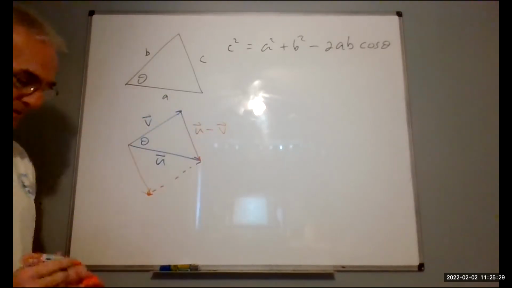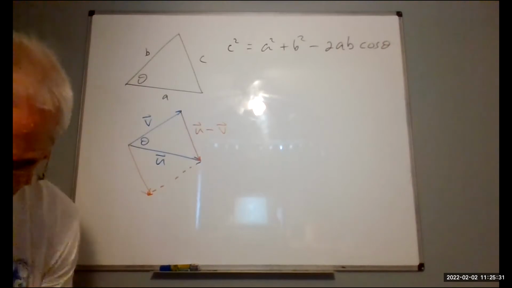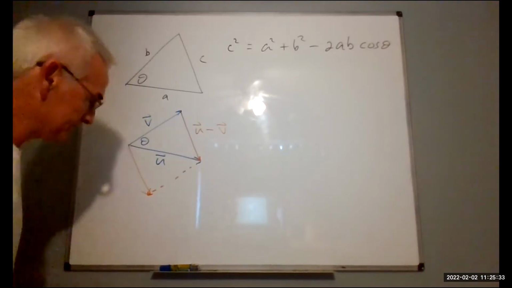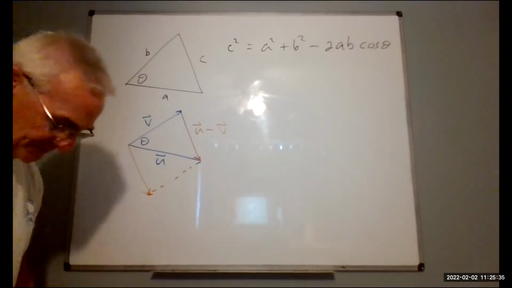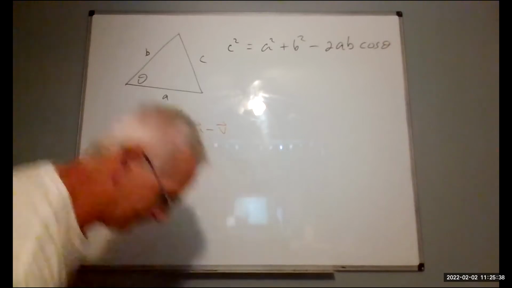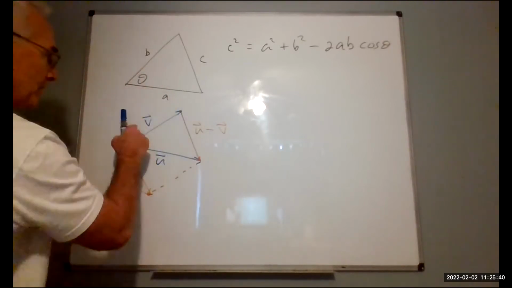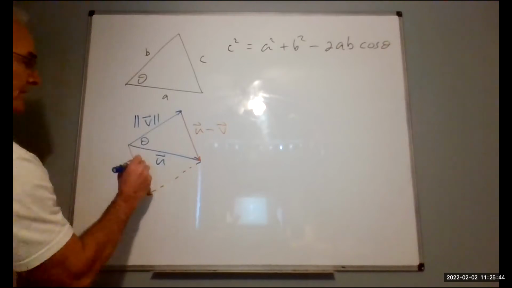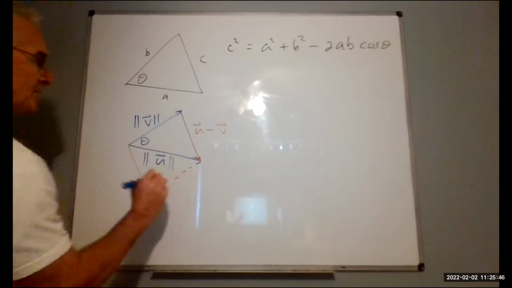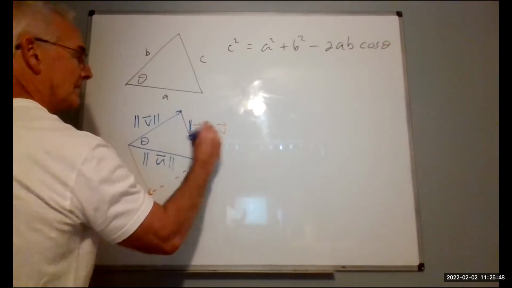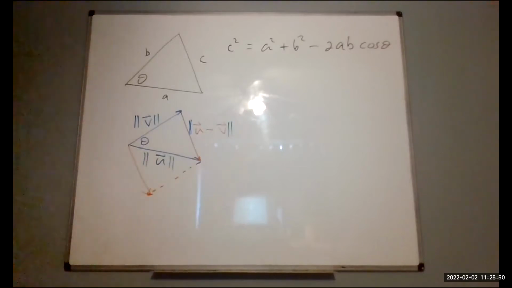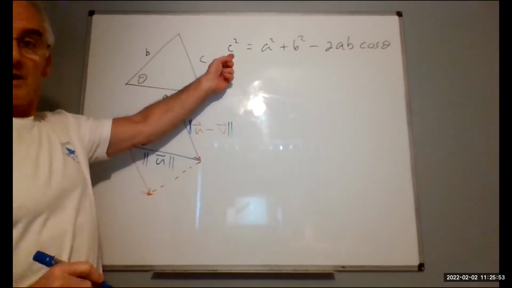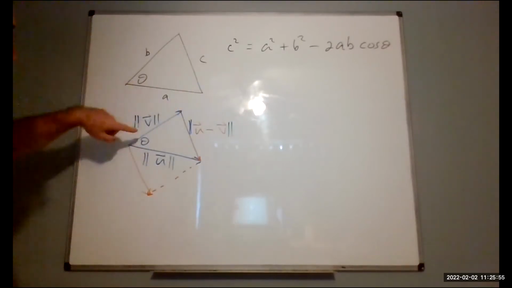So why is that important? Well, because in a sense, I form a triangle where the lengths of my triangle are not vectors. The length of this side is this, the length of this side is this, and the length of this side would be this. So I have exactly this situation created from these two vectors.